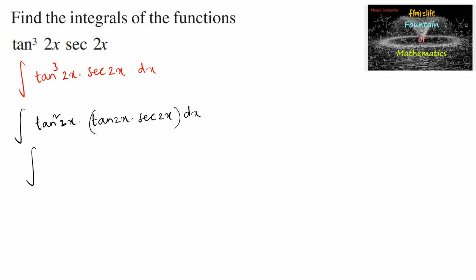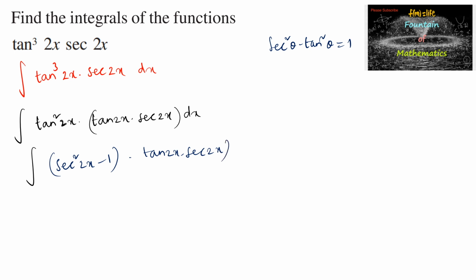Since we know that secant square theta minus tan square theta is equal to 1, tan square theta is equal to secant square 2x minus 1, into tan 2x into secant 2x dx.